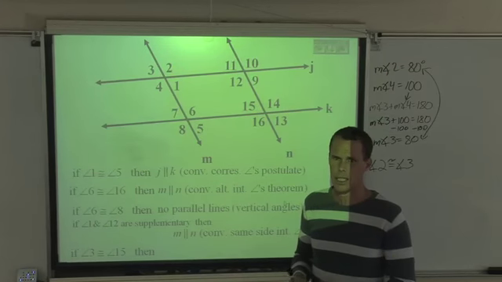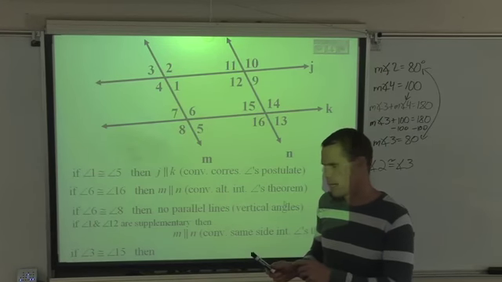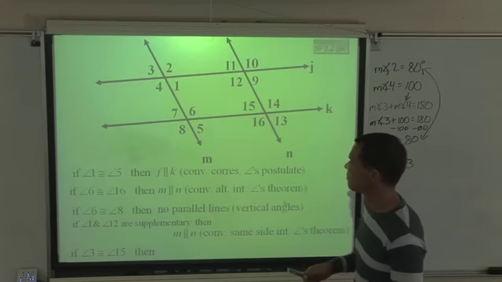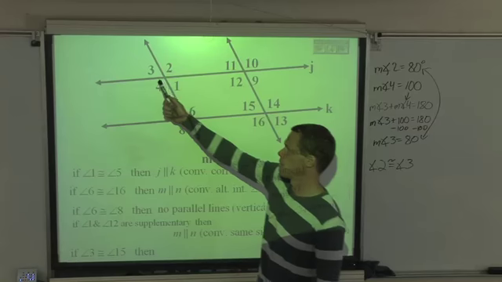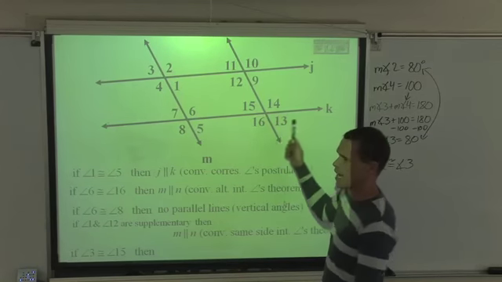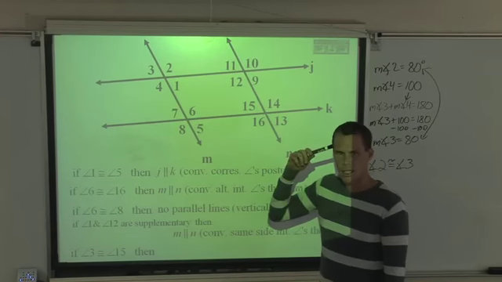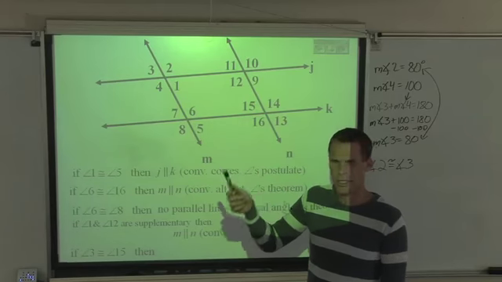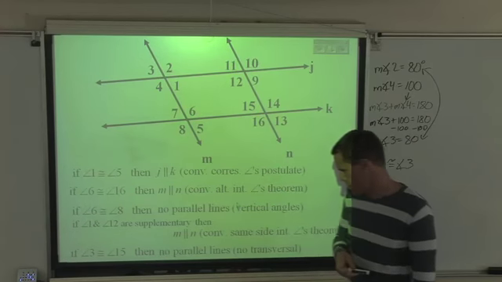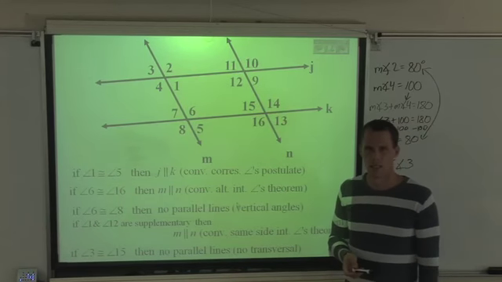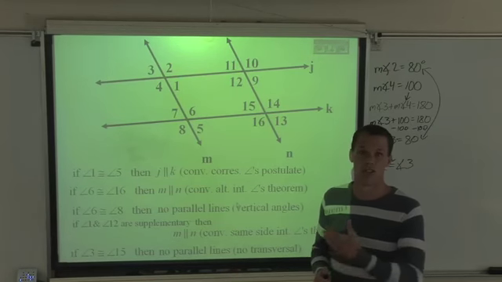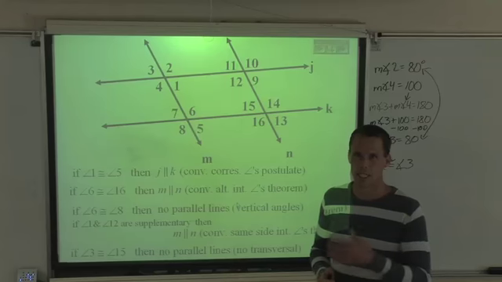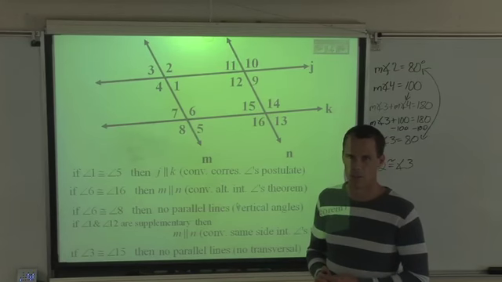What line touches angle 3 and angle 15? Well, M and J make 3, N and K make 15. There's no transversal. Conclusion: there are no parallel lines. There cannot be parallel lines unless we have a transversal that is creating the certain types of angles that we look for.